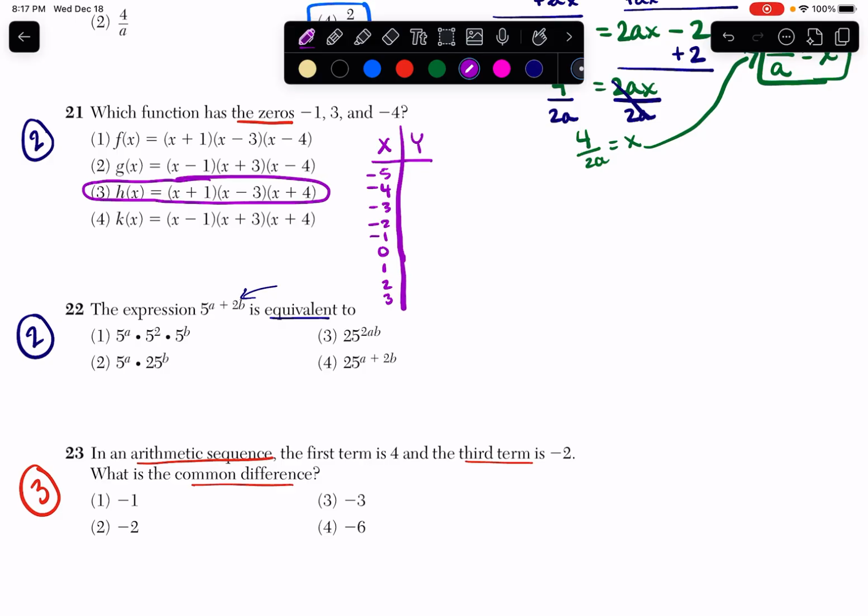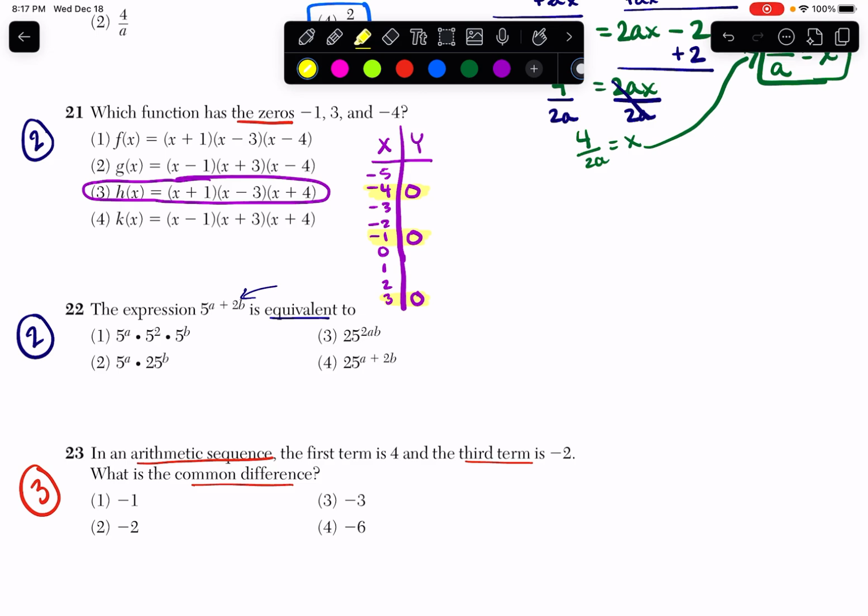If you look at your table for h of x, at -4, y is 0. At -1, y is 0. And at positive 3, y is 0. So if they ask you for zeros, this is all you're looking for. Those are the 3 values of x that give you 0 for y.